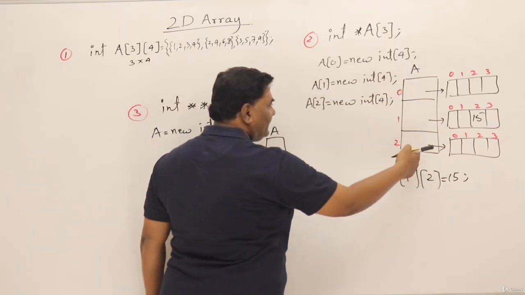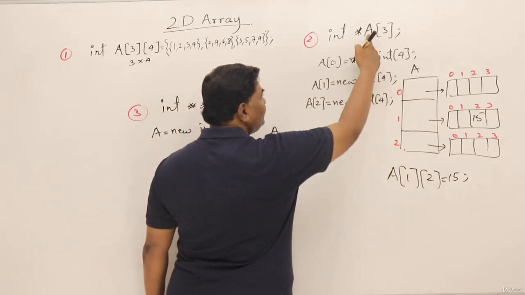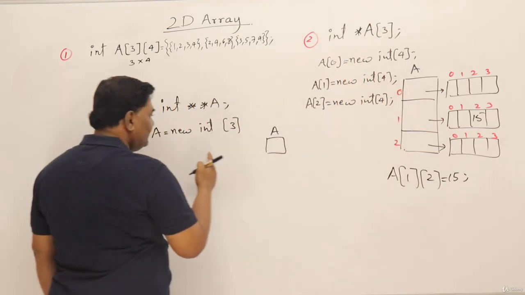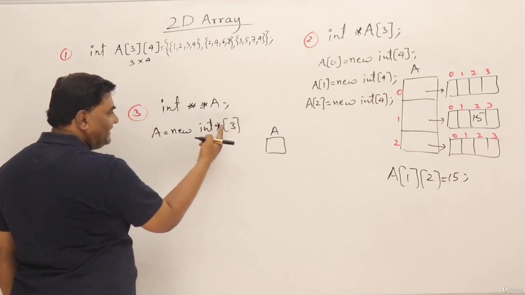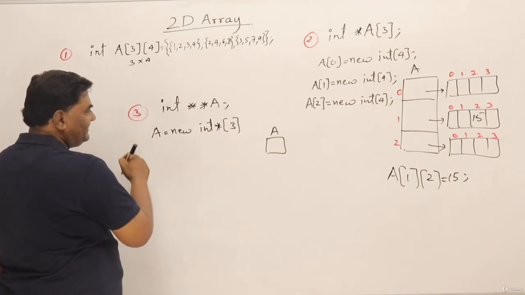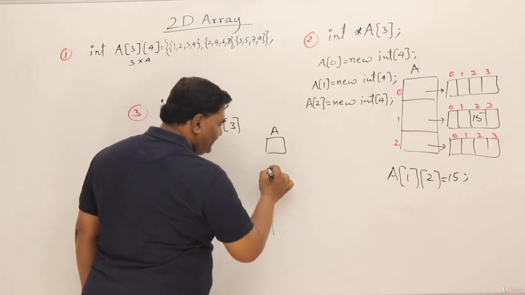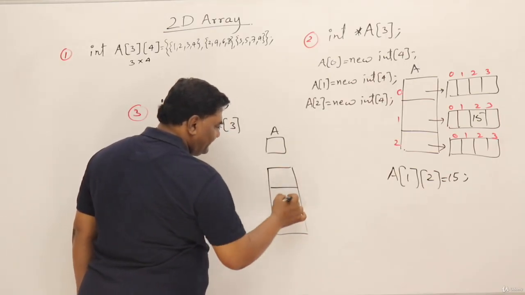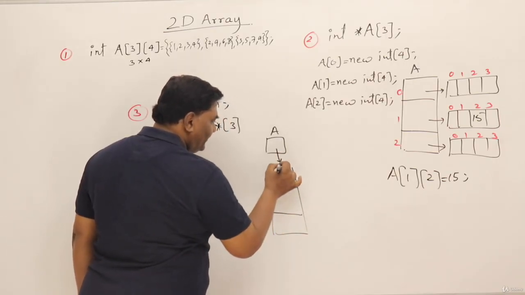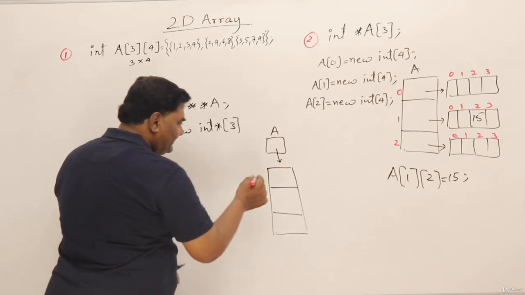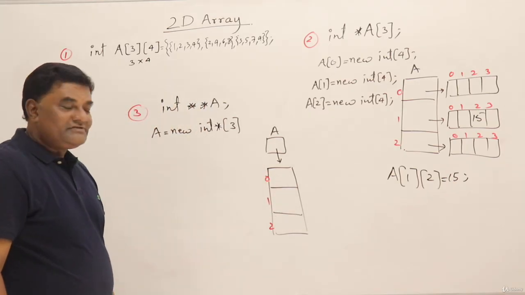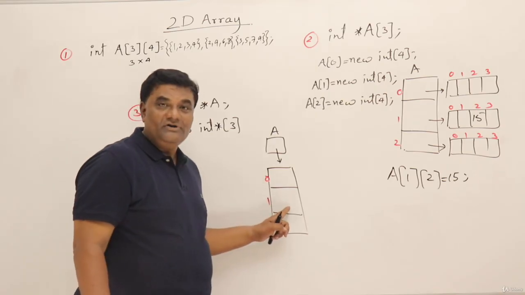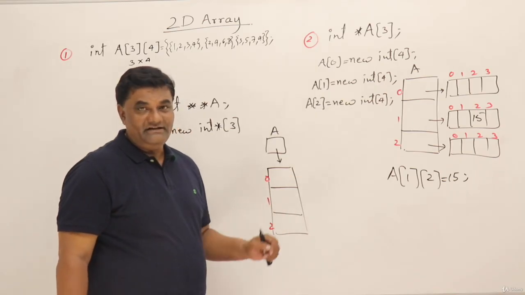I am creating this array. You remember this array was nothing but an array of integer pointers, so yes, I should mention star here. So an array of pointers of type integer will be created of size 3, and this will be pointing to this one. If I take the indices, these are 0, 1 and 2. So this itself is created in heap now. Array of pointers is created in heap.